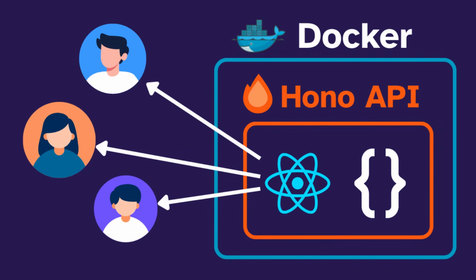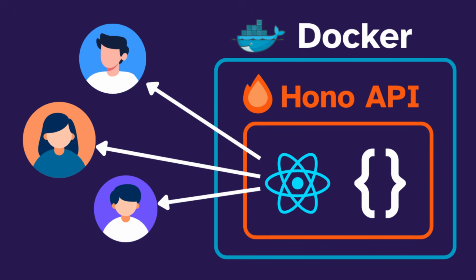To deploy a full-stack application with a React single-page app frontend and a Hono REST API backend, I'm going to bundle all of the code and dependencies into a Docker container. And during the build process, our React frontend will be compiled into a set of static HTML, CSS, and JavaScript files.